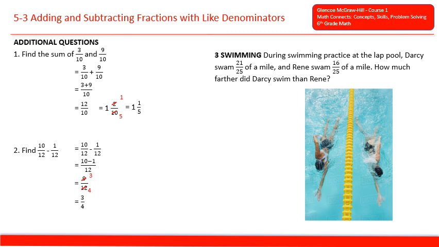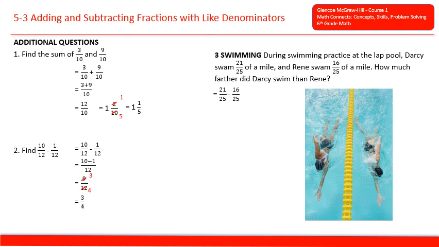Swimming. During swimming practice at the lap pool, Darcy swam 21/25 of a mile, and Renee swam 16/25 of a mile. How much farther did Darcy swim than Renee? So the question is, what operation are we doing? And the key word is farther, or how much farther. So that's going to tell us that we need to look at doing subtraction.